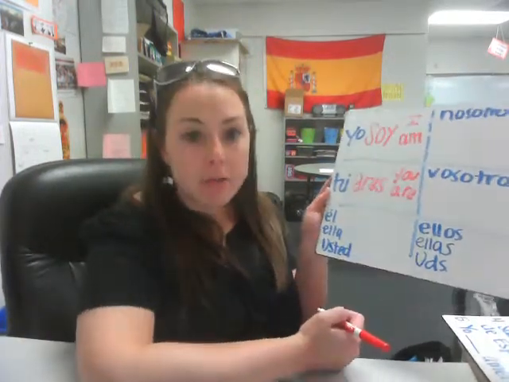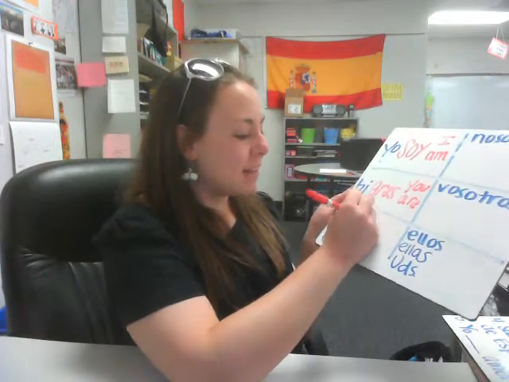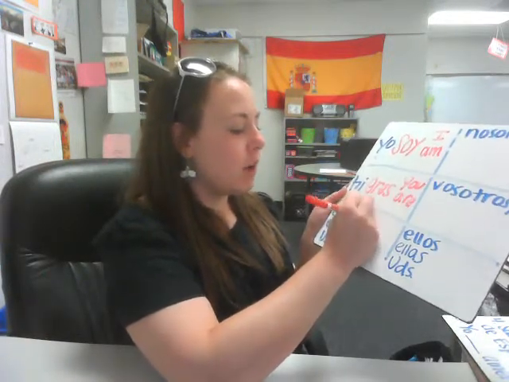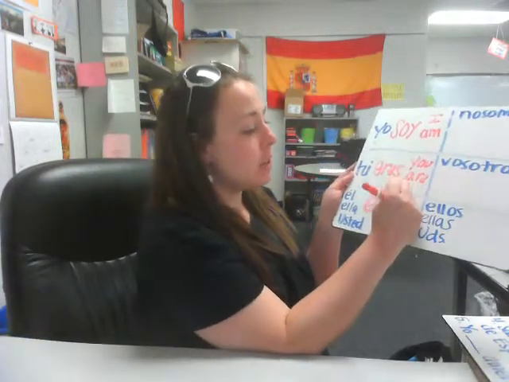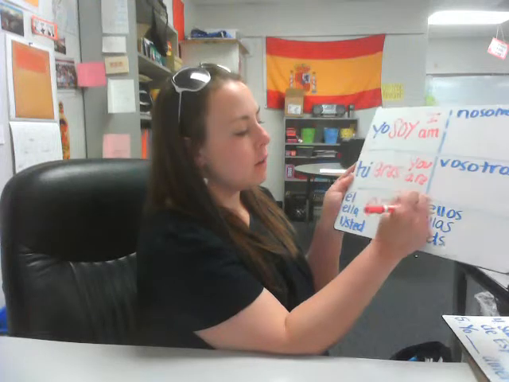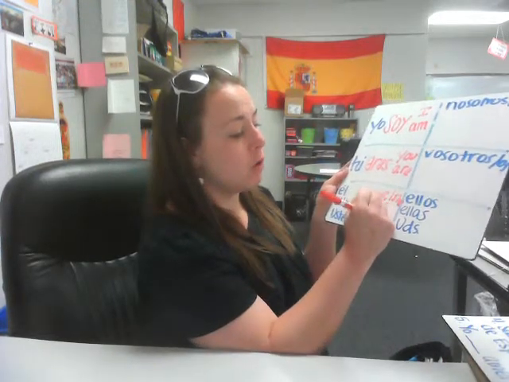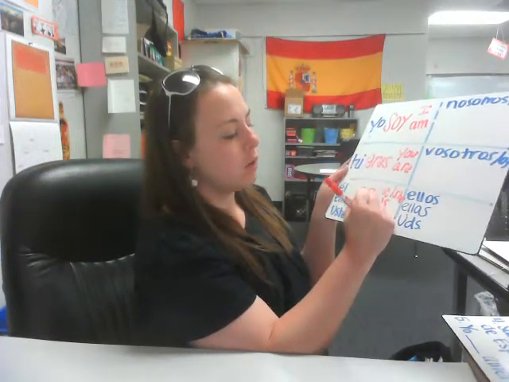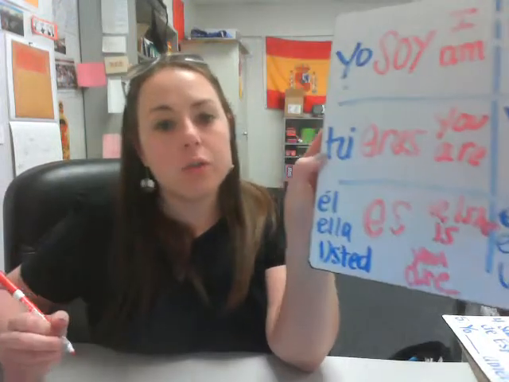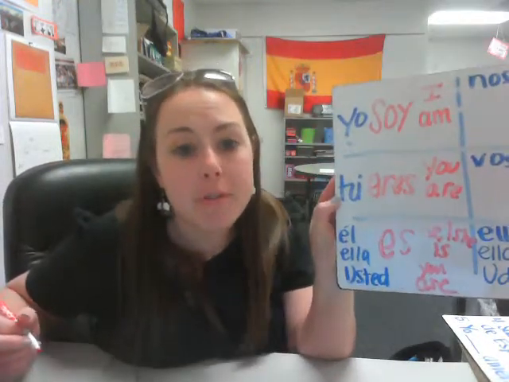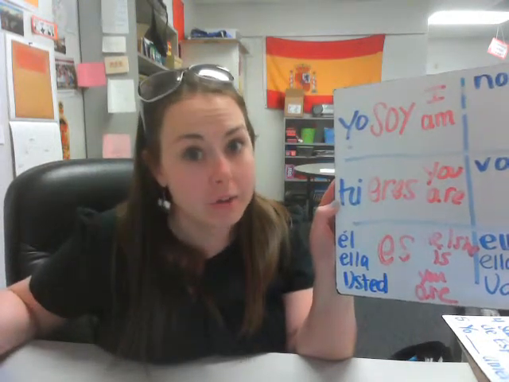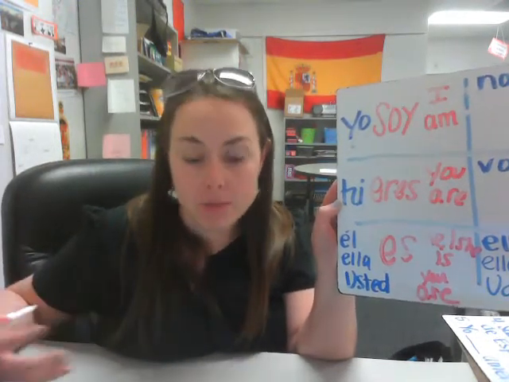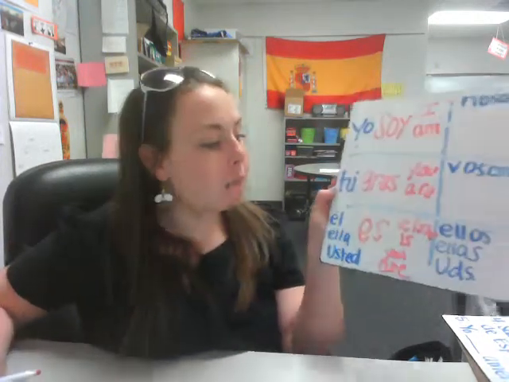The el, ella, usted form of the verb ser is es, E-S. Okay, and that's pronounced es. It means he or she is, or you formal are. So if I'm talking to someone that I'm not familiar with, I would say something like, ¿de dónde es usted?